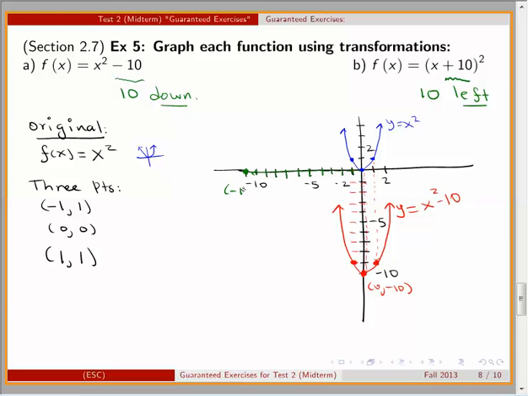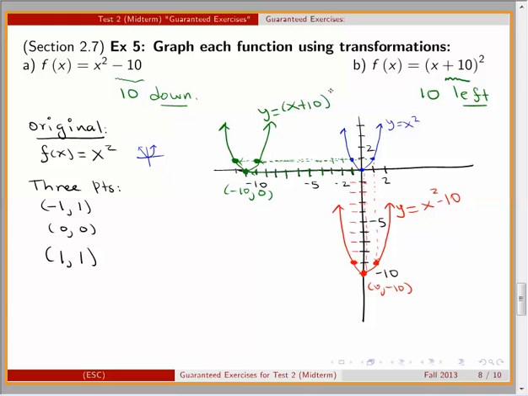We do the same thing with this point, counting 10 places, and then with the last point, which is 1 unit to the right of the bottom point, it will stop here. It has to have the same shape as the original, and so you get this, which is the graph of x plus 10 squared.